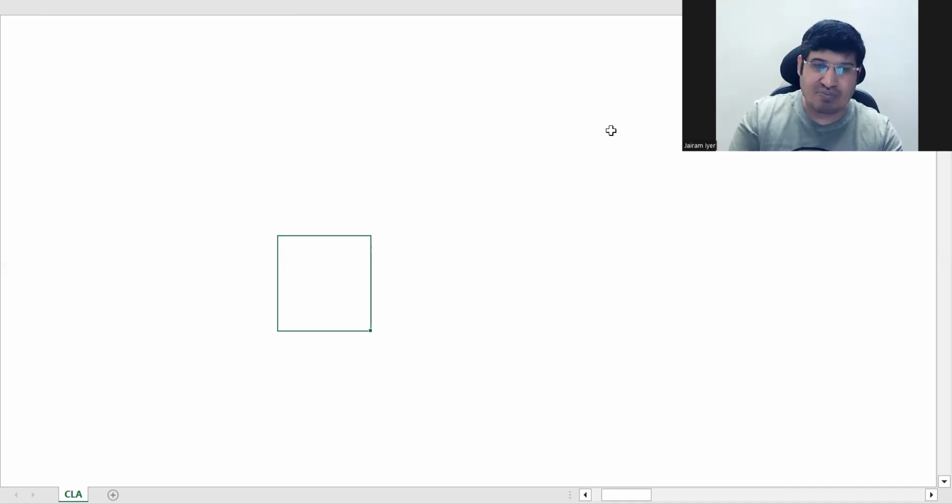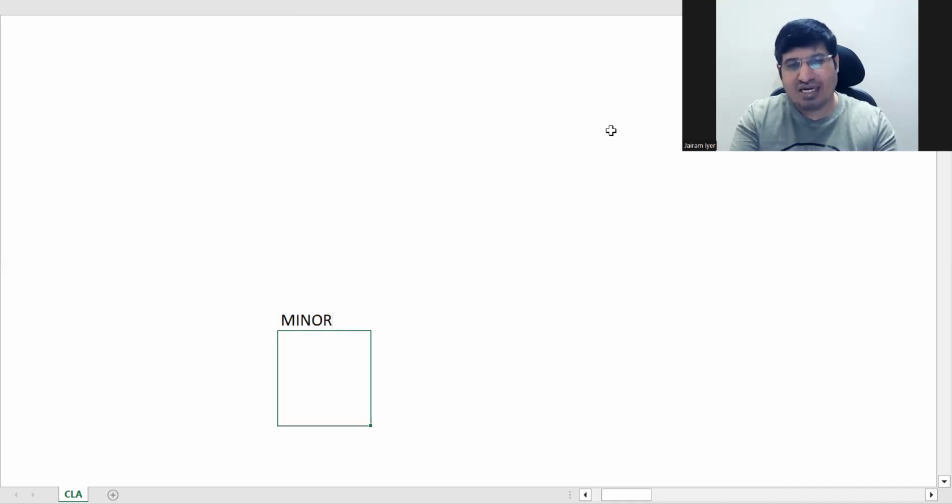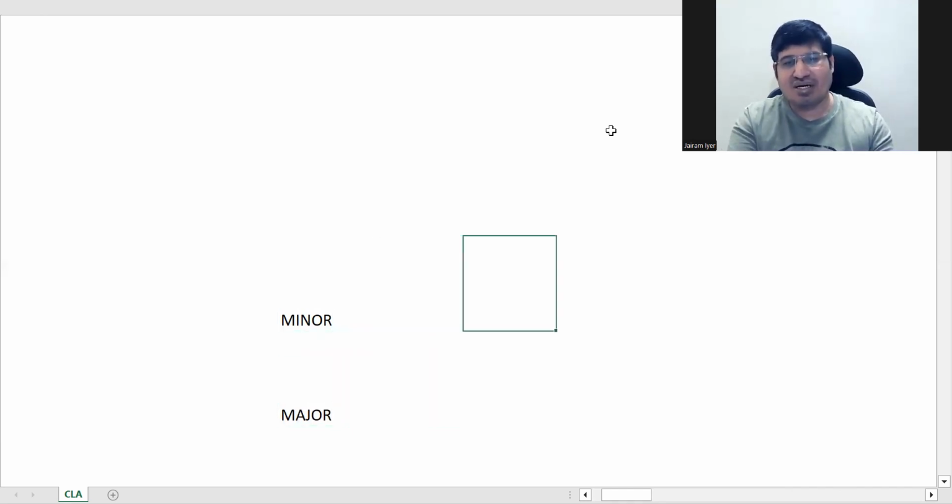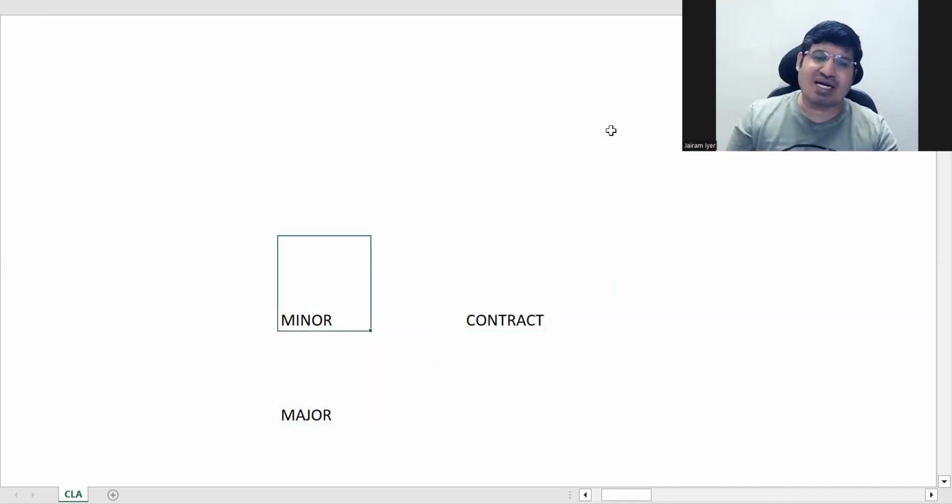For example, a minor says that he is a major. Let us say he is 17 years of age and looks like a major. He says he is a major and enters into a contract. After entering into the contract, he can plead his minority. That means he can say, no, I am a minor, so I am not competent to contract. So now the contract will not be binding.